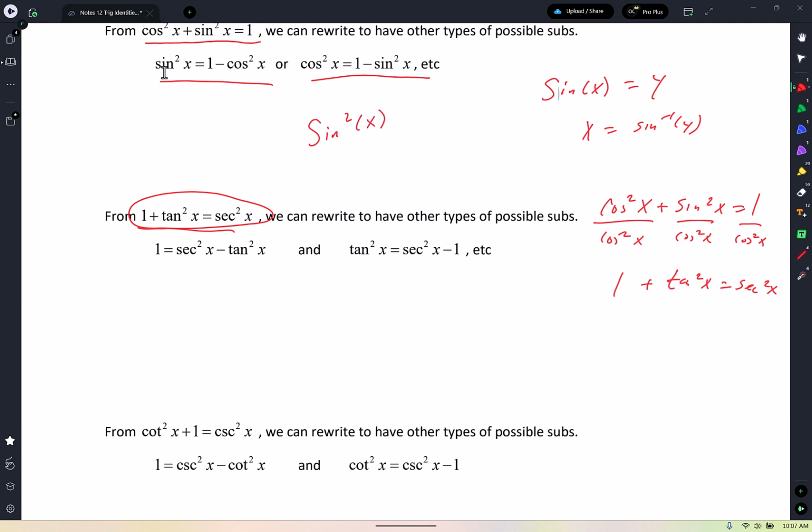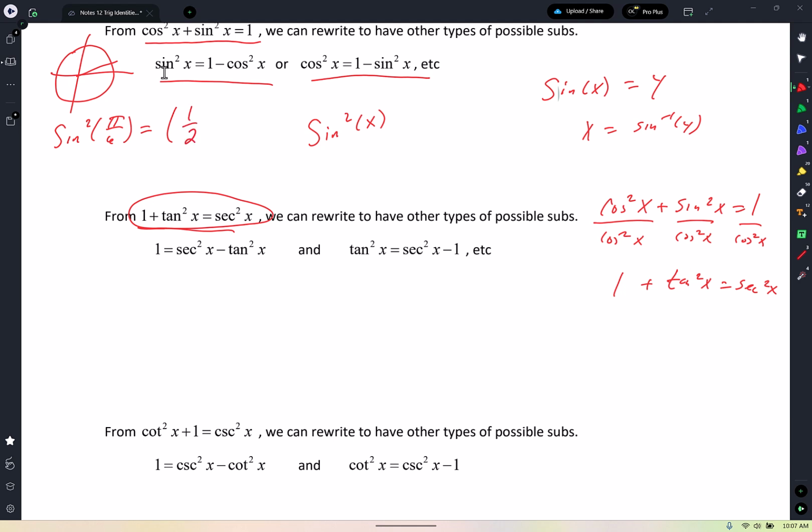How do I use that sine squared of x? Okay, let's say I had sine squared of pi over 6. Because some of you guys don't know how to use it. So if I have sine squared of pi over 6, what is sine of pi over 6? 1/2.